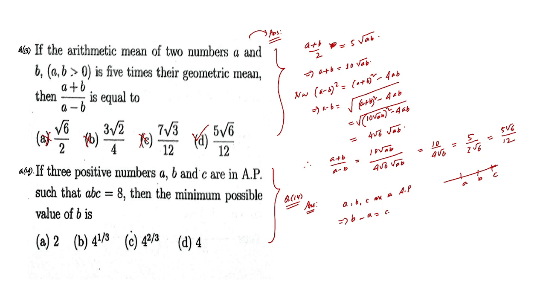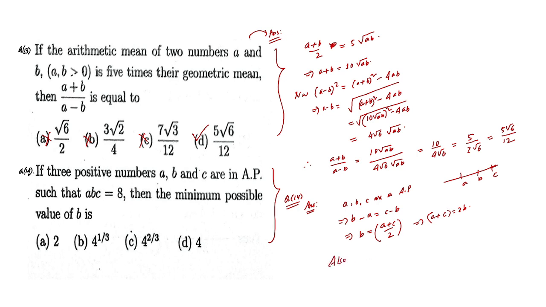So B minus A equals C minus B, which means B equals A plus C by 2, or you can say A plus C equals 2B, because A, B, C are in arithmetic progression.